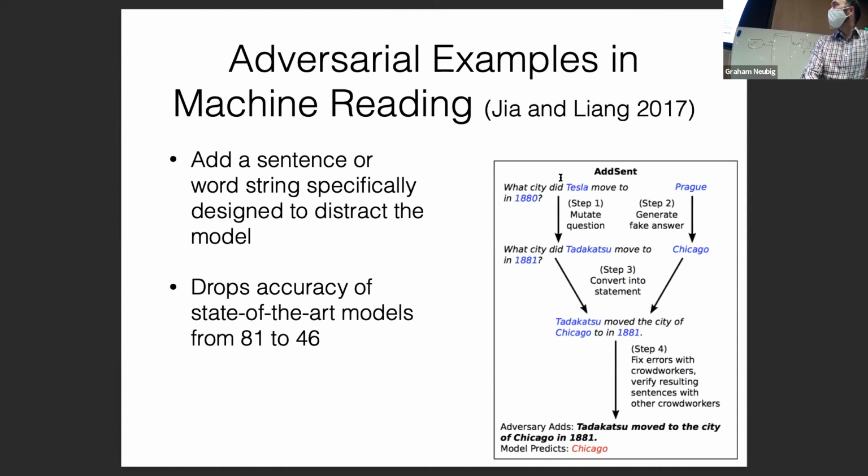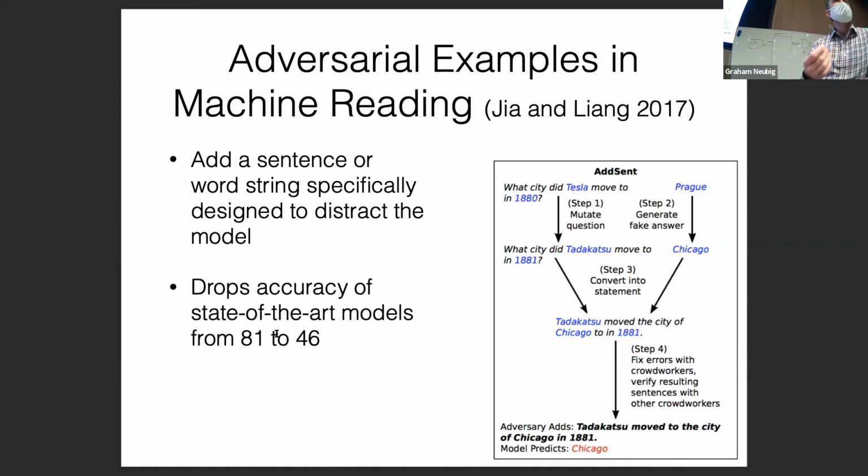So they basically took the question, replaced the entities in the question, and created a kind of statement from this question and added it to the end of a SQuAD passage. And the model basically picked the wrong entity in this individual sentence, I guess something like 35% of the time.